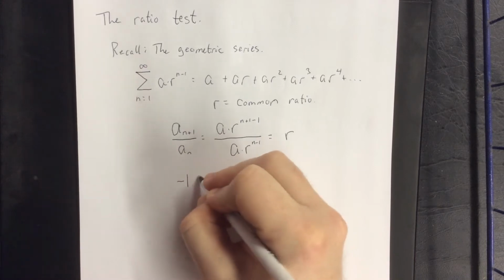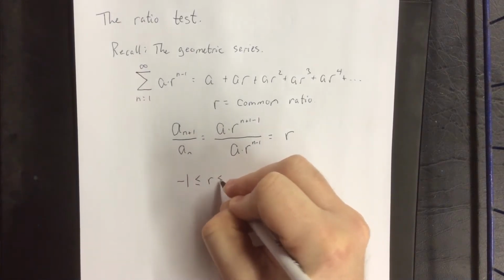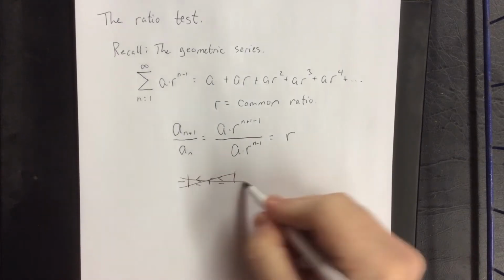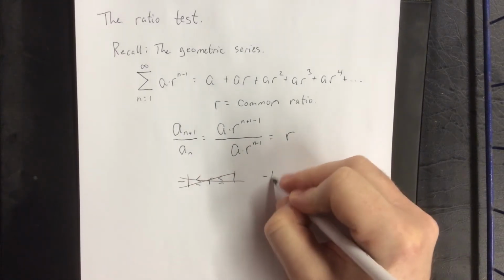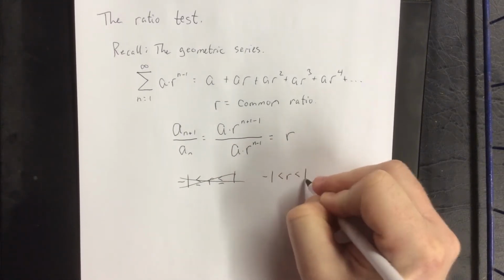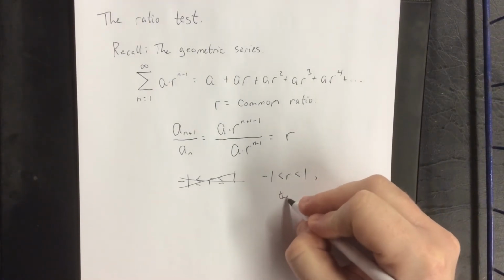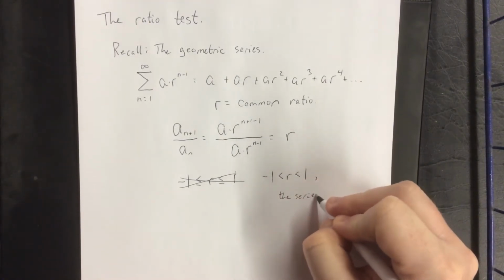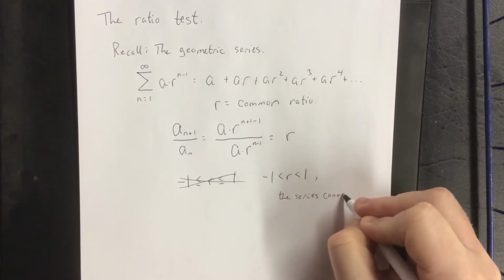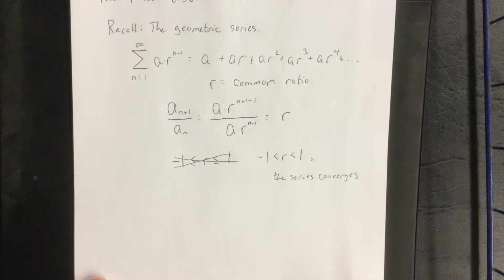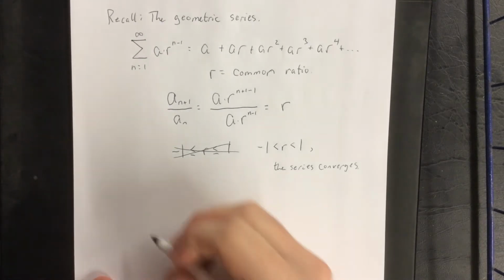Additionally, as long as that common ratio is between -1 and +1, the series converges. I shouldn't have written that with the or equal to signs on it. Now, it's for that purpose that we could also deduce the following.